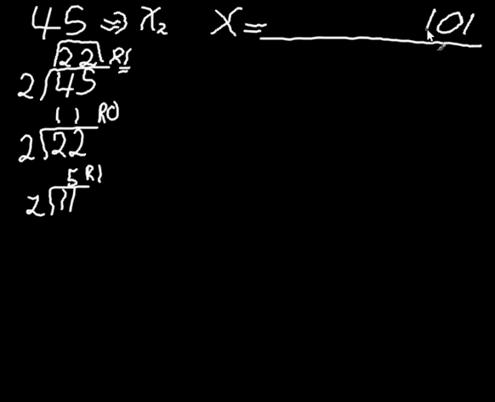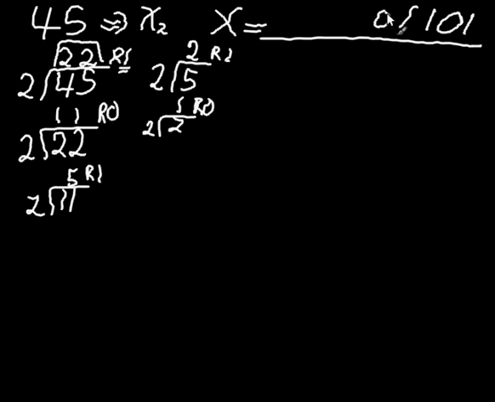You put a 1 there. So 5 divided by 2 is a 2 with remainder 1. So we put a 1 there. So now 2 divided by 2 is 1 with a remainder 0. So that's a 0.